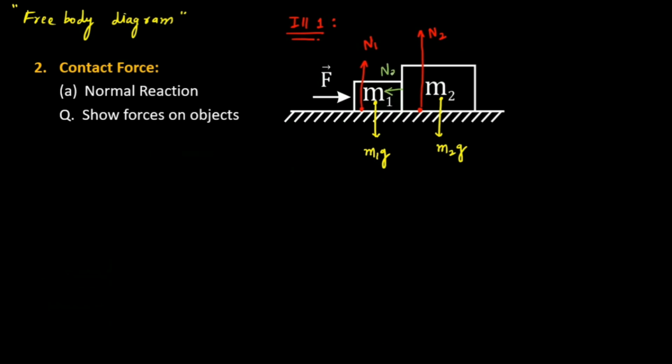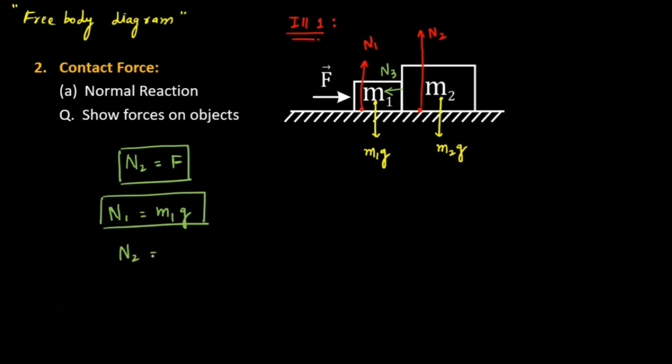So you can mark it as n3. This n3 is going to be equal to the external force, whichever is acting. Similarly, n1 is equal to m1g and n2 is equal to m2g. So these are the magnitudes of each and every normal acting here. That is what we need to understand.